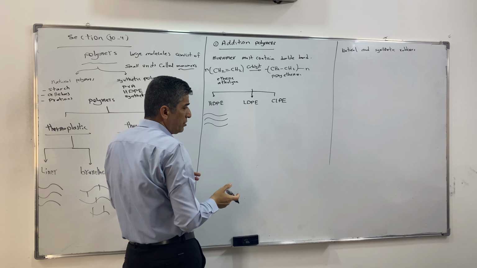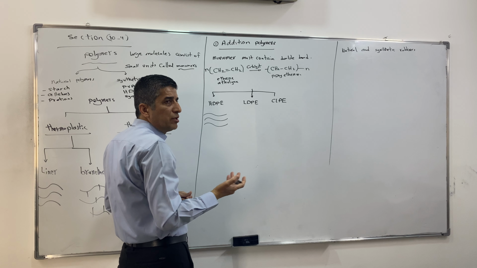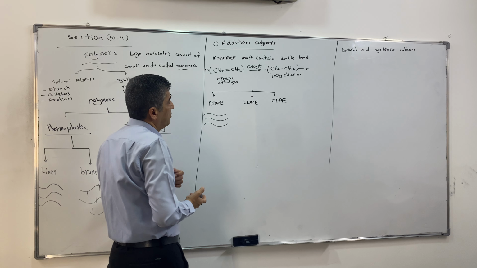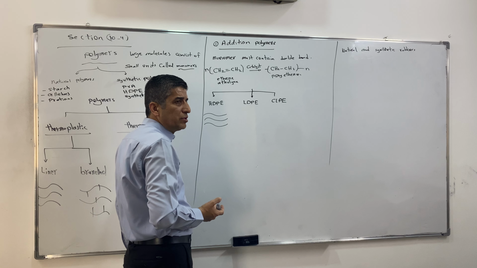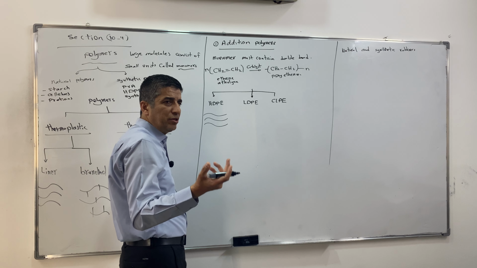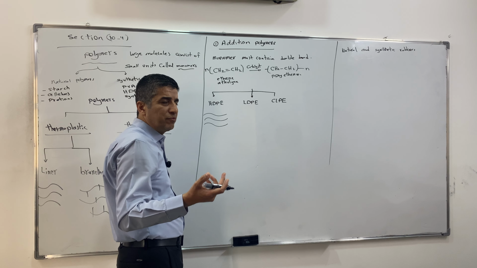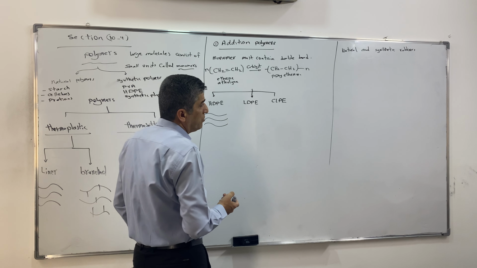Its chains are very near to one another, and therefore its density is very high. It is used to make plastic containers for juices, Pepsi, Cola, and water, and for other uses in our life.